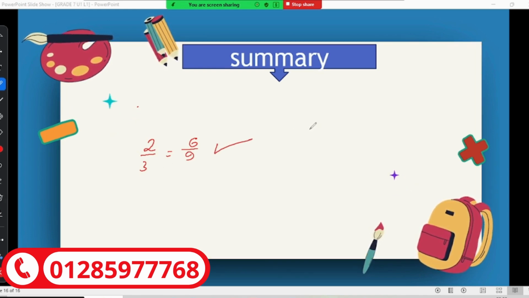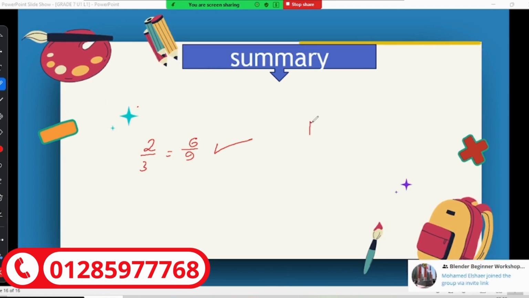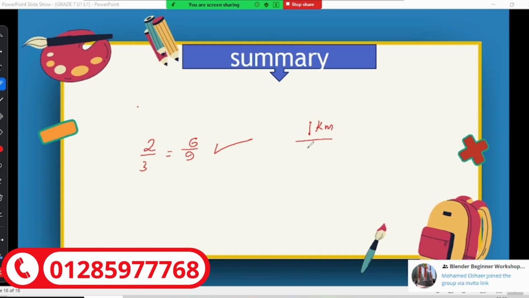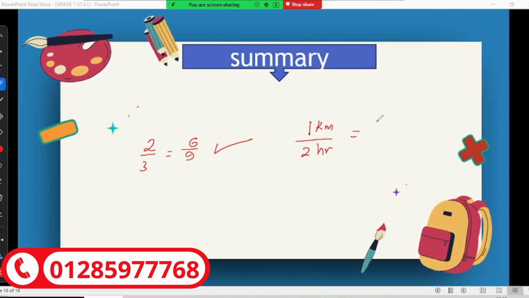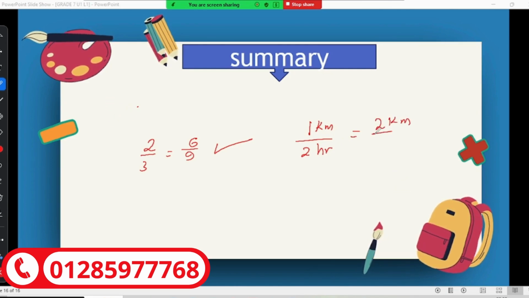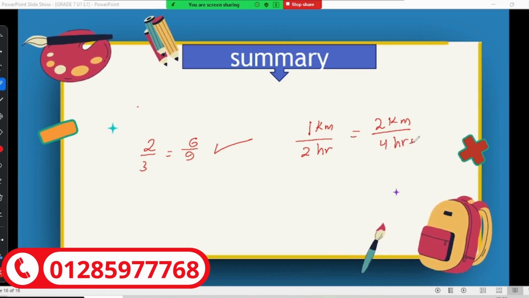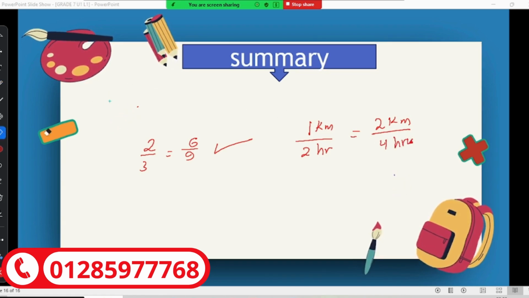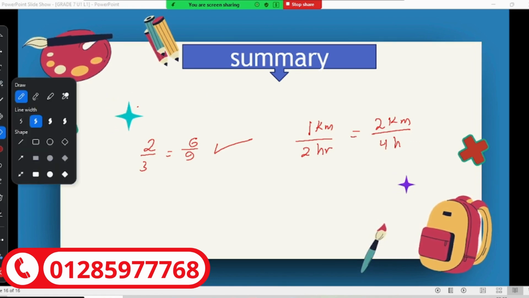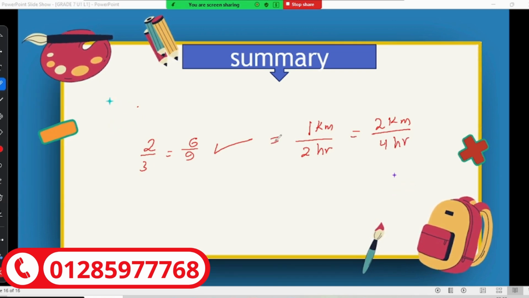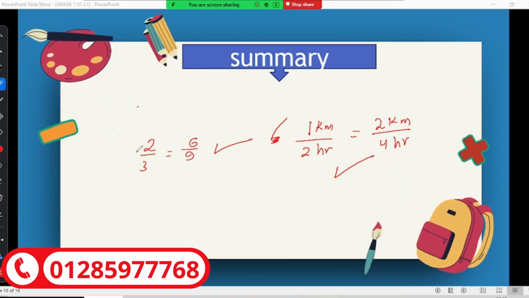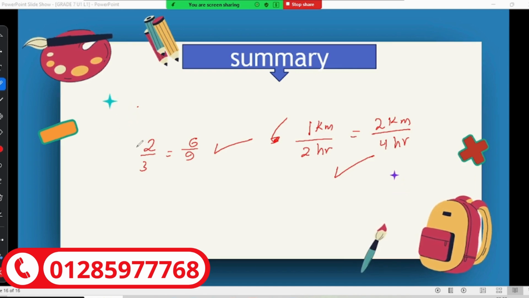Also we have 1 kilometer per 2 hours equivalent to 2 kilometers per 4 hours. Both of them are proportions. Here we have a proportion between two rates and here a proportion between two ratios.